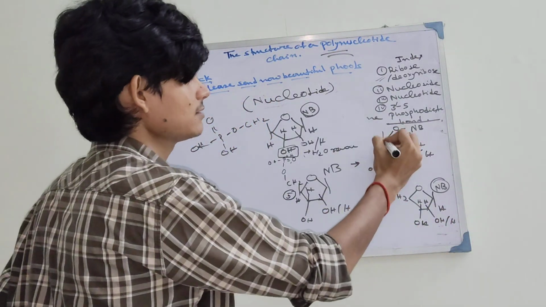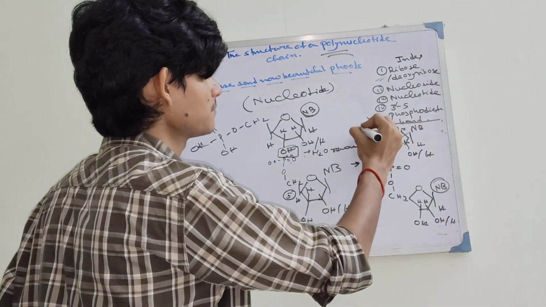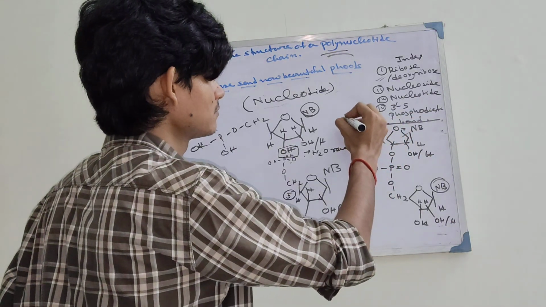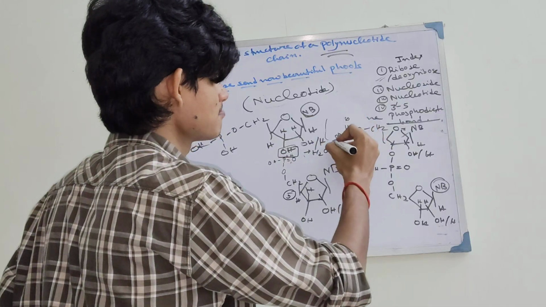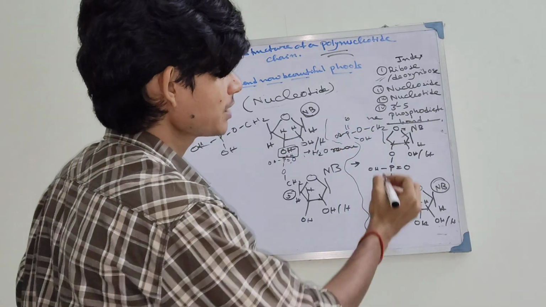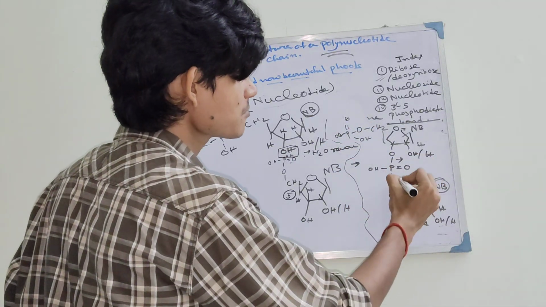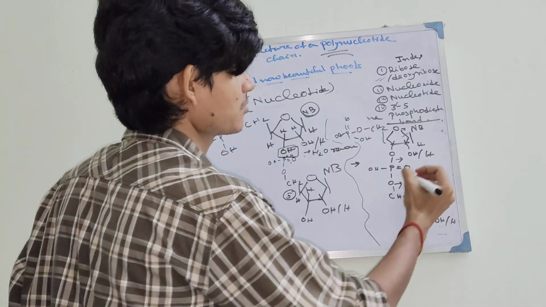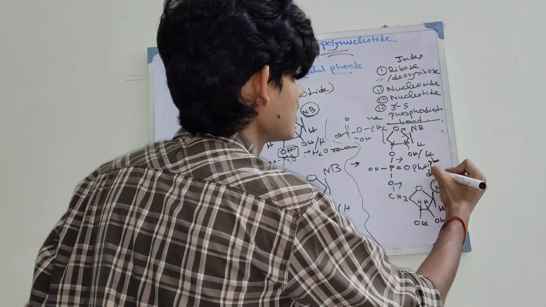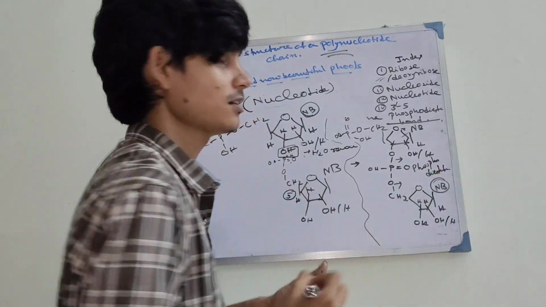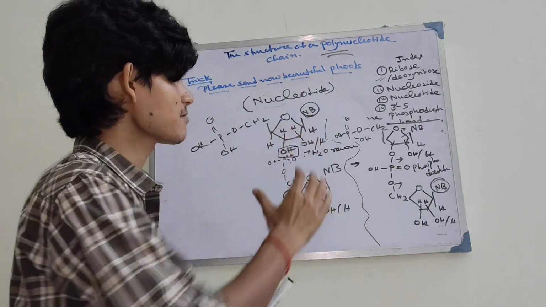Here you can see one phosphoester bond and another phosphoester bond. So this is called a phosphodiester bond. How is the phosphodiester bond formed?